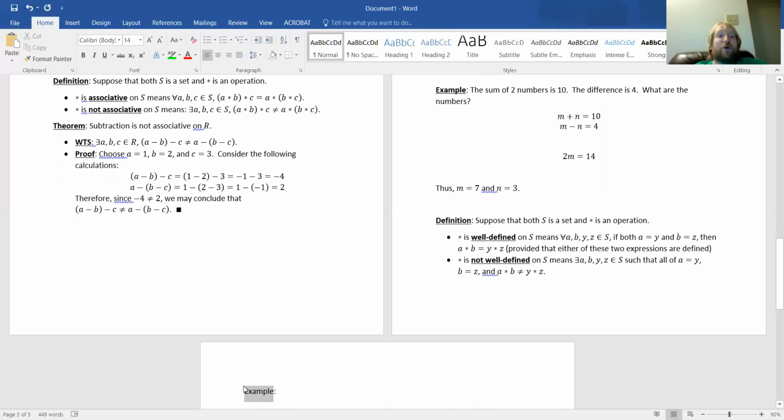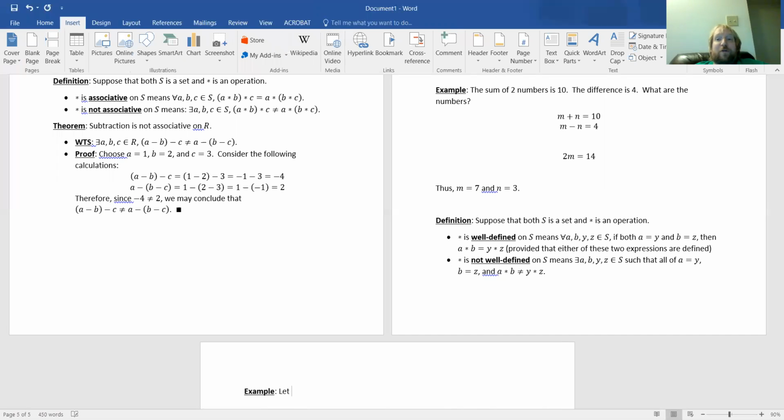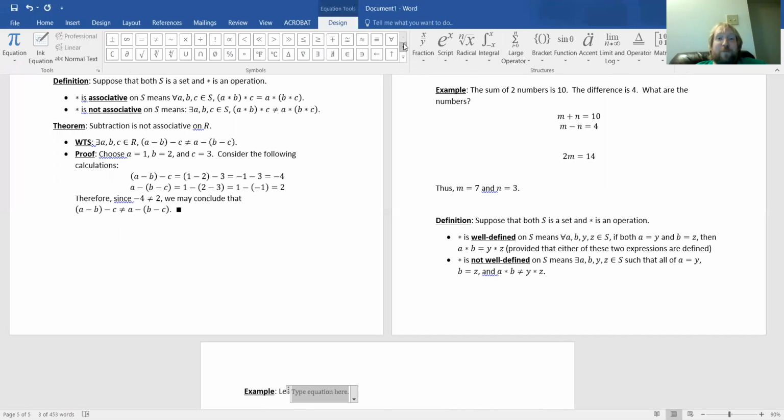You all know that when you're adding fractions from middle school, you have to get a common denominator. But let's look at the operation for the wrong way to add fractions. We'll define star, the operation star, to be the wrong way to add fractions.